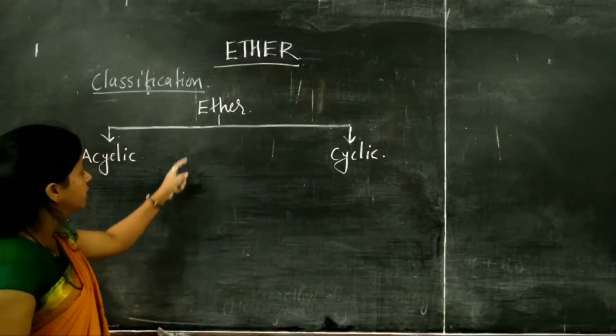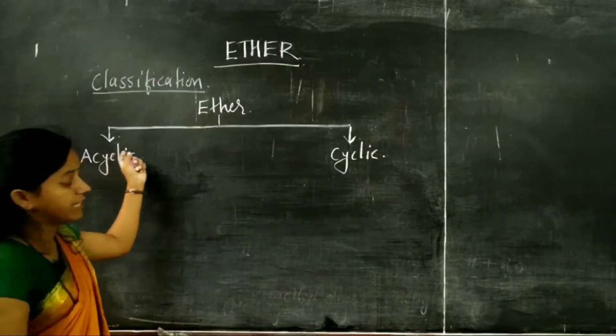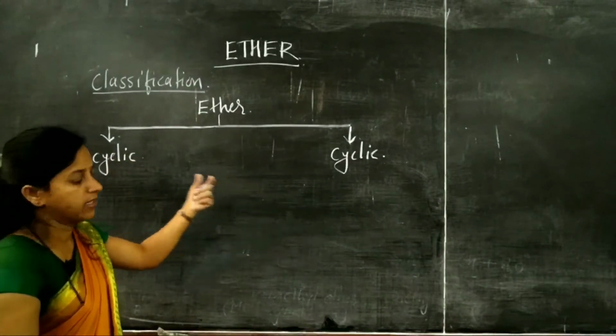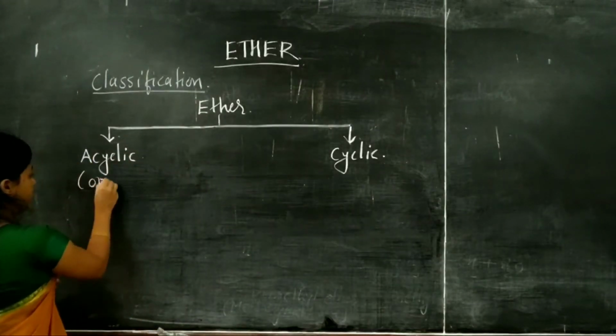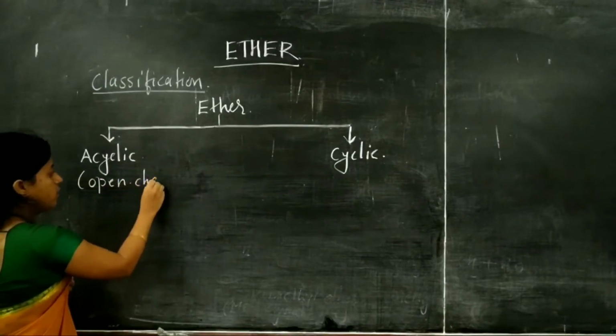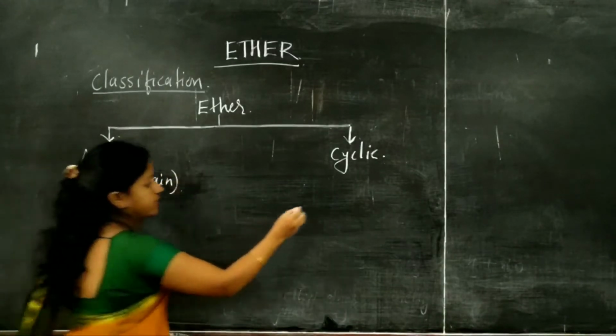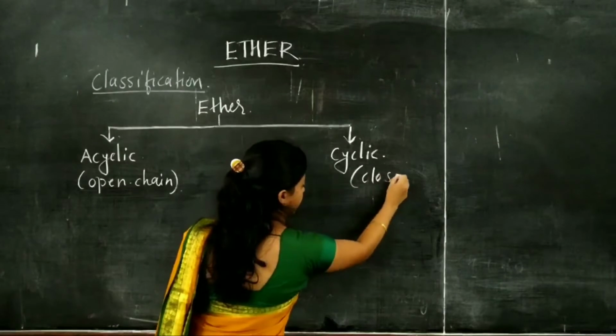Ethers are first subdivided into acyclic and cyclic. Acyclic means open chain compounds, and cyclic ones will have a closed chain.